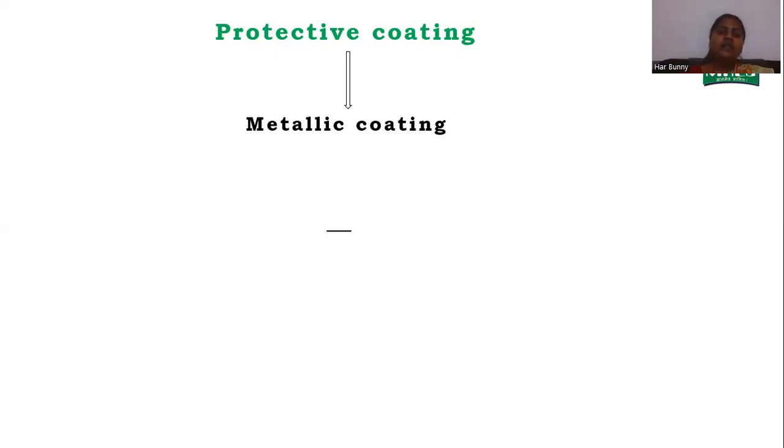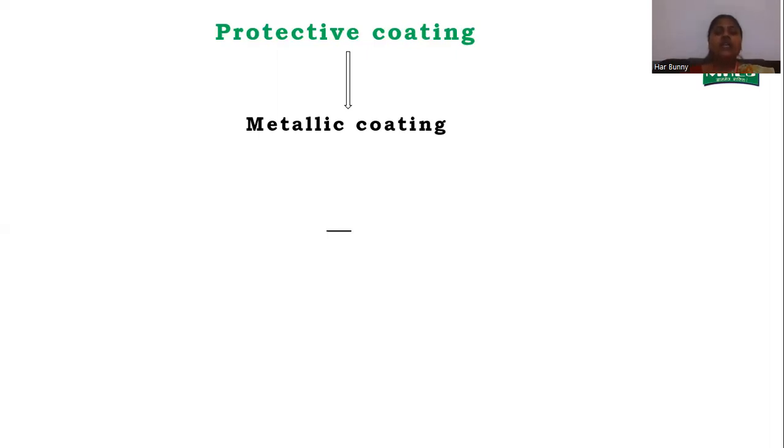That other metal is going to protect the iron from rusting. Here the metal to be protected is called the base metal, and the metal which is coated on the surface of the base metal is called the coat metal, right?